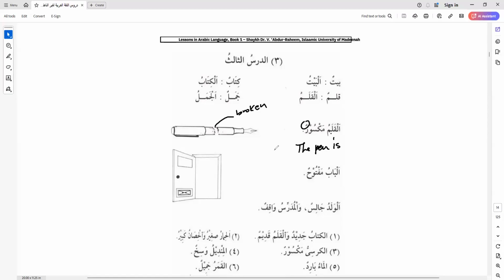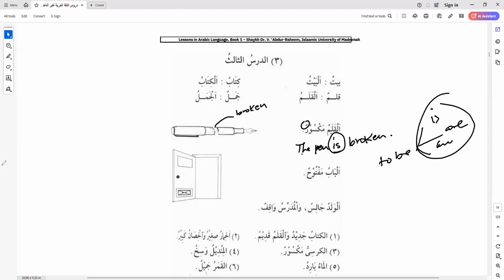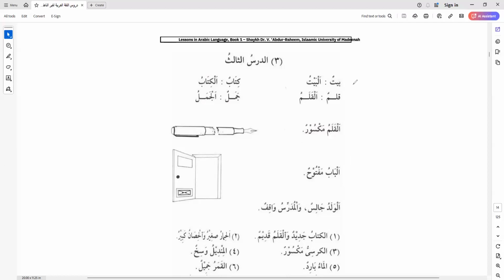Now, where is the "is"? In Lughat al-Arabiyya, as I've said, we don't have the verb to be. The verbs is and are don't exist in Arabic. It is assumed.